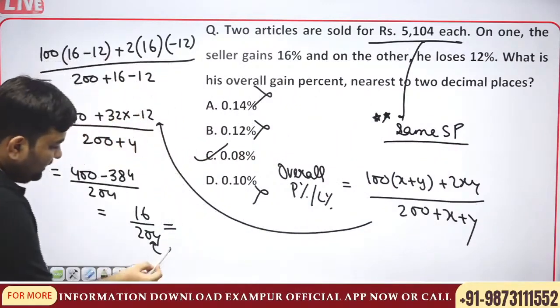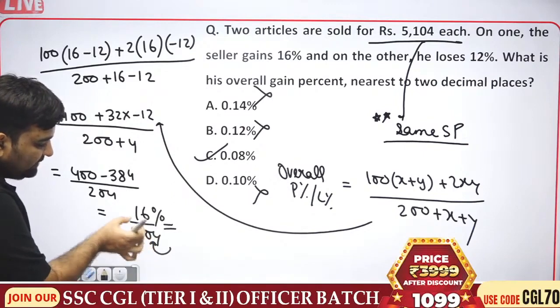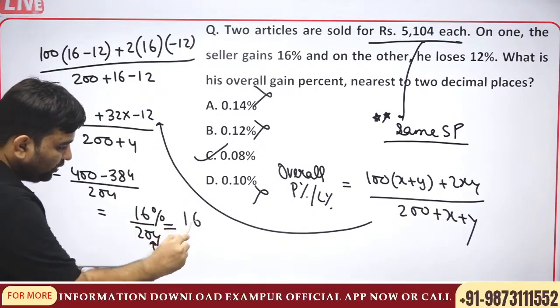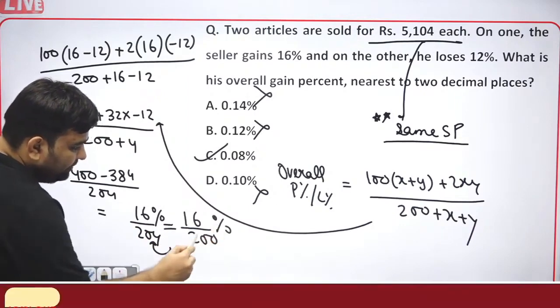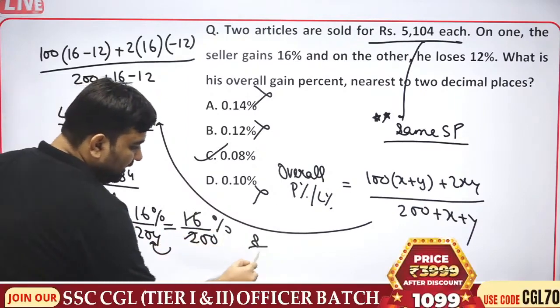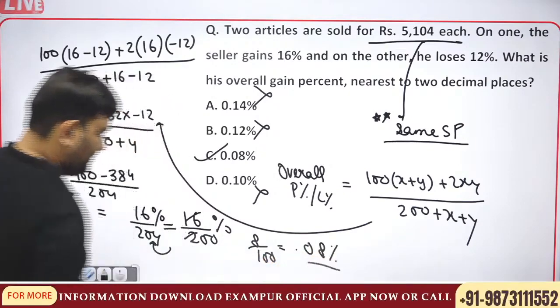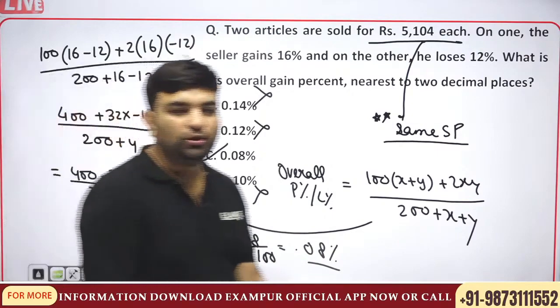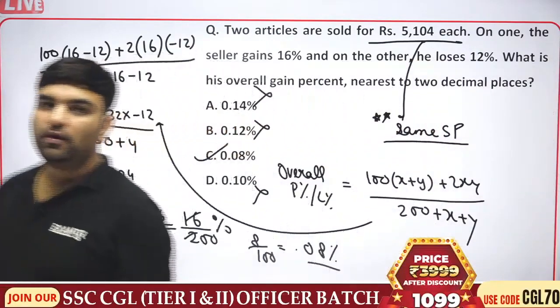If you go one decimal back as well, this is 200, this is only 16. You can approximate as well. So it will come 8 by 100, that is 0.08%. If I approximate 204 as 200, then I will get 0.08% as the overall profit.